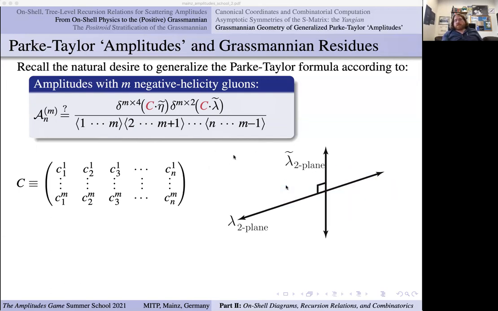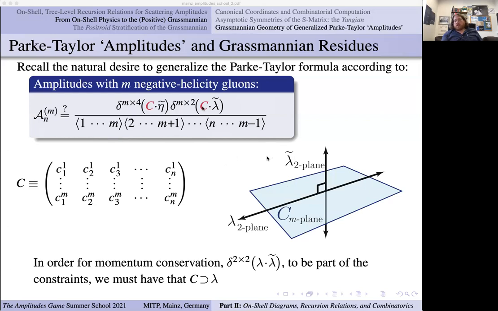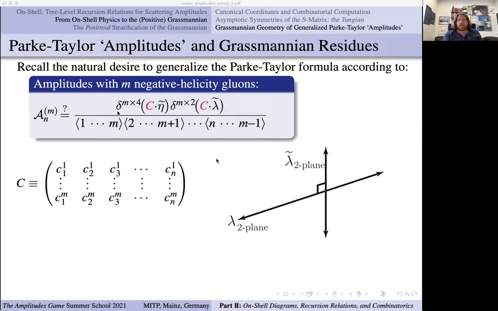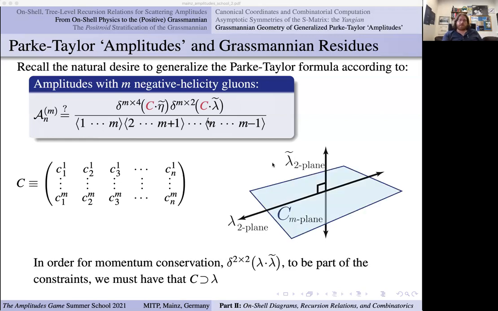So the first point is how does lambda go into this situation, or how does lambda get generalized? The first point is that if we had to replace lambda, this 2 by n matrix, with some bigger matrix, in order for this set of constraints to include momentum conservation, it's important that this m plane contain lambda as some subspace of it.